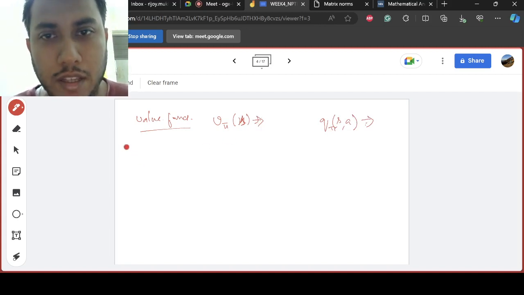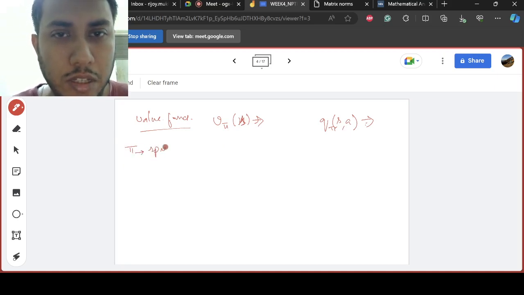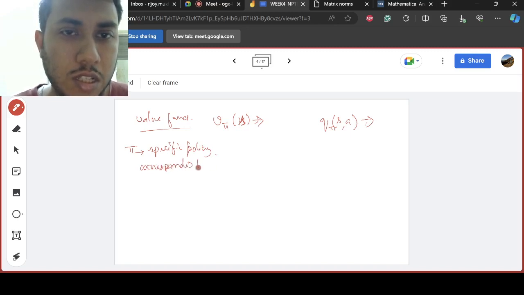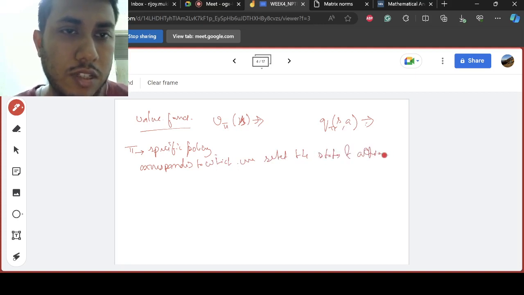Pi is your specific policy, according to which we select the states and actions.